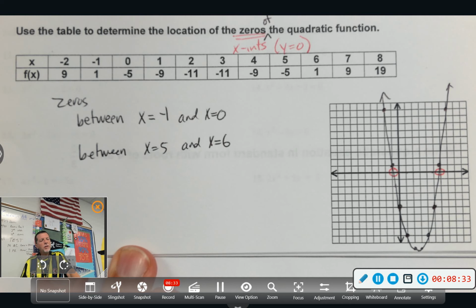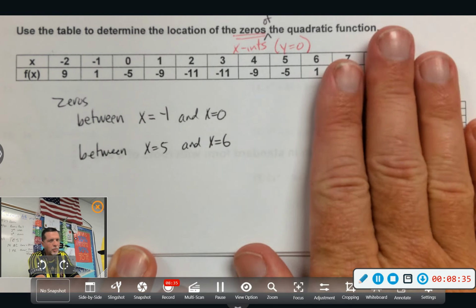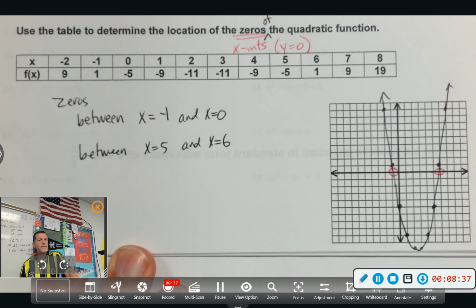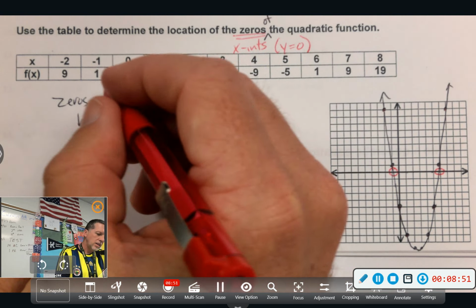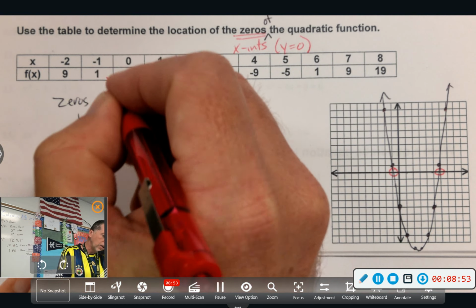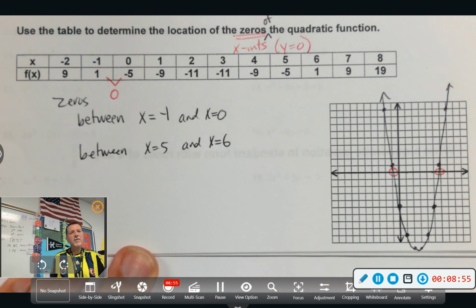Is there a way we could have done that without doing the picture, looking only at the table? What are you looking at, Jenna, to get those values off the table? Just wherever it's 0, in between points. Yeah, wherever y is 0 in between the y points.